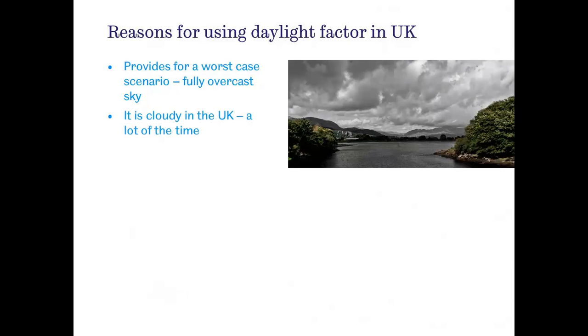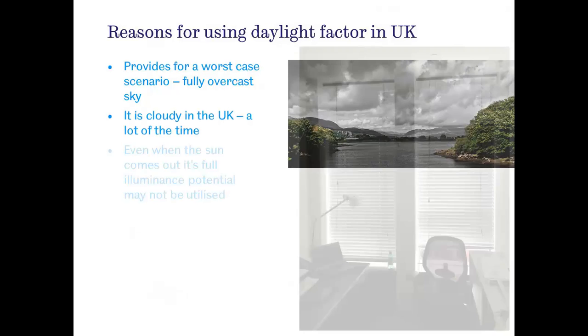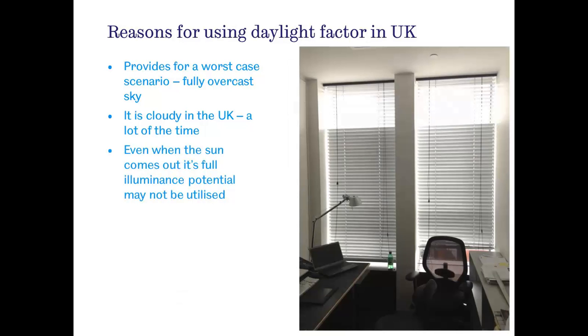It is cloudy in the UK a lot of the time. And quite importantly, even when the sun does come out, the full illuminance potential may not be utilised because occupants will start pulling down blinds, controlling the glare from the direct sun.